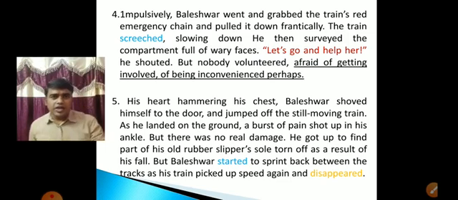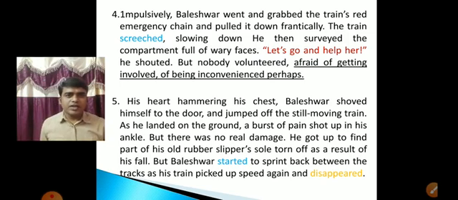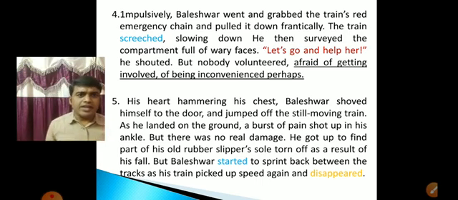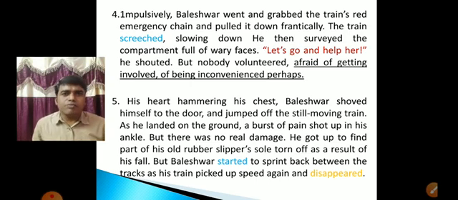See, as a result of his jump, as he landed on the ground, a burst of pain shot up his ankle. As a result of jumping from the moving train, he got a little bit of pain there. Got it? A burst of pain, a little bit of pain in his ankle, but there was no severe damage to his ankle, children.